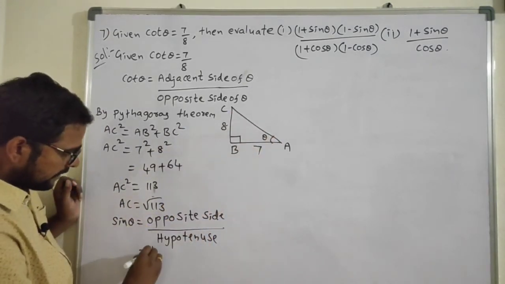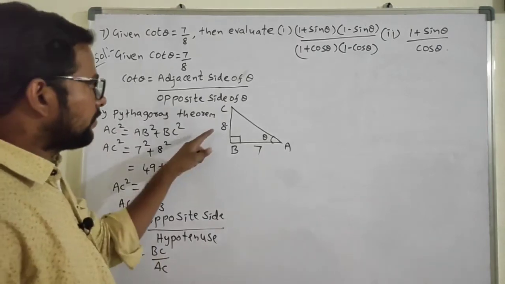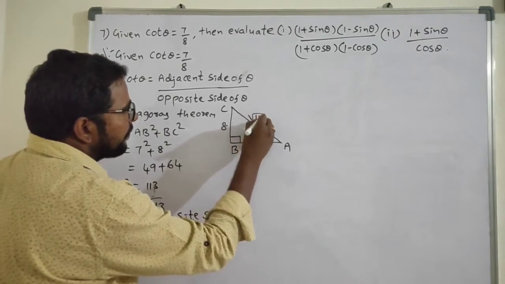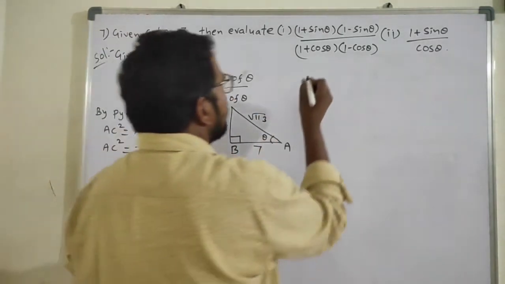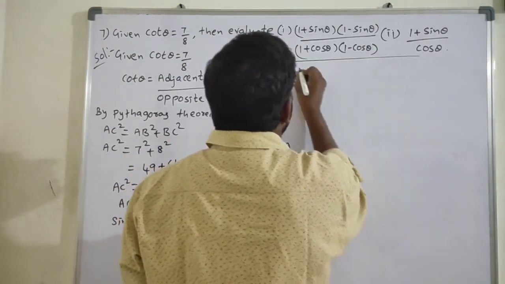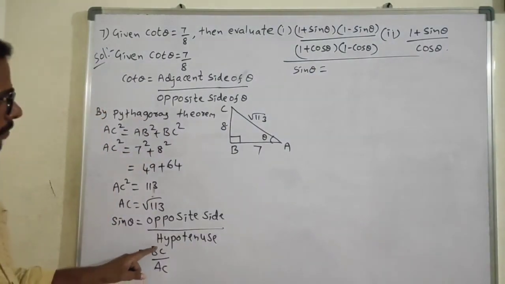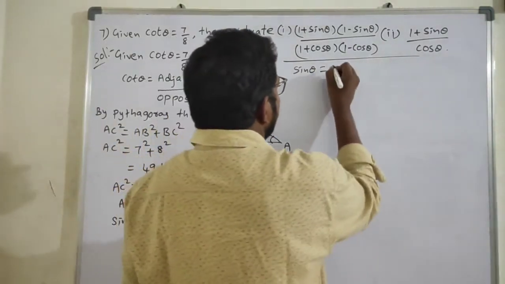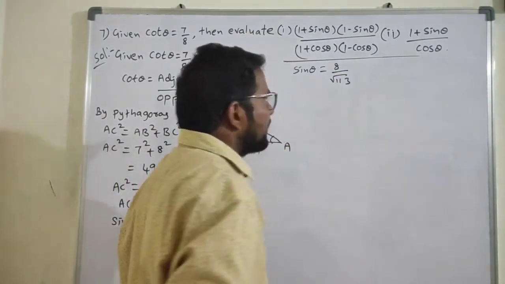So BC by AC. What is the BC value? 8. The AC value we got here is √113. So sin theta is equal to BC by AC, BC value 8, AC value √113. So 8 by √113. So this is sin theta.